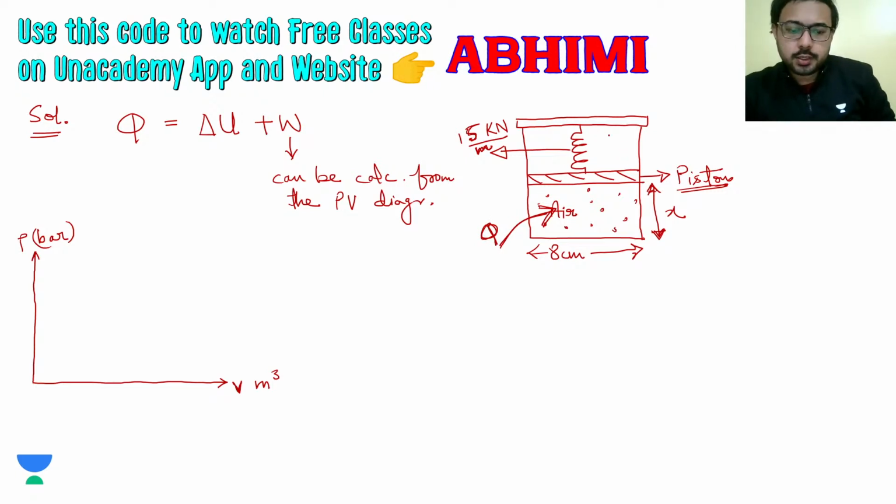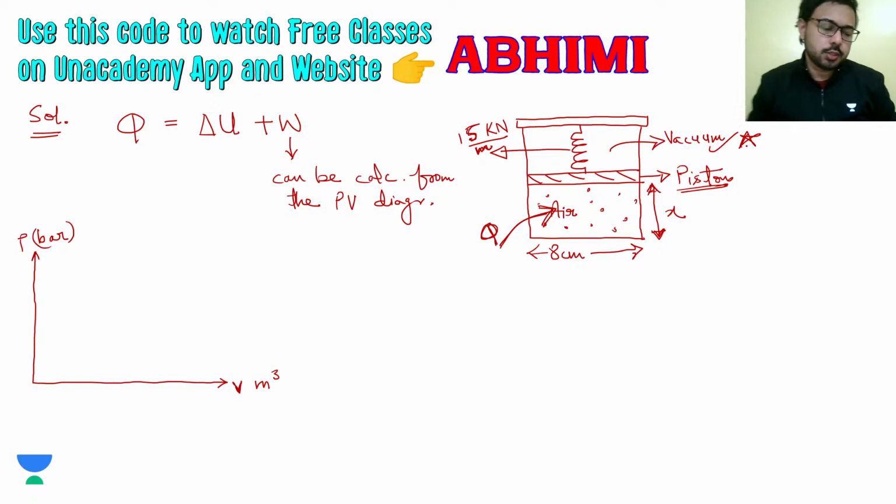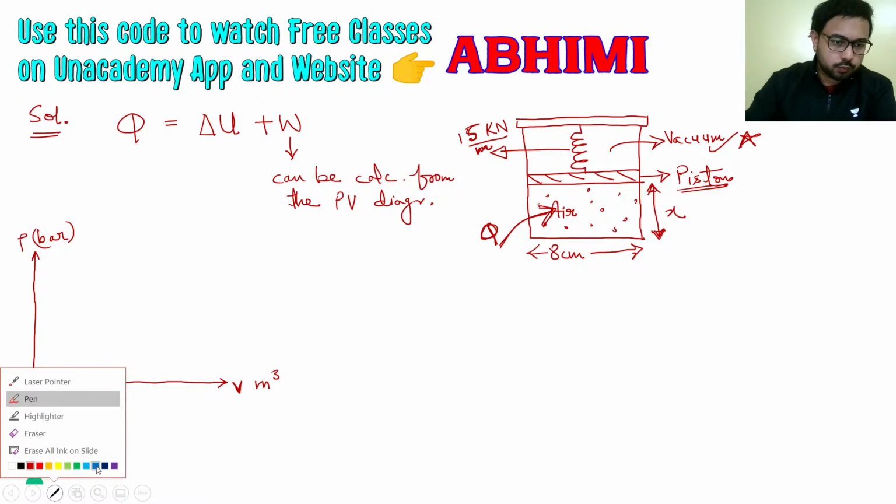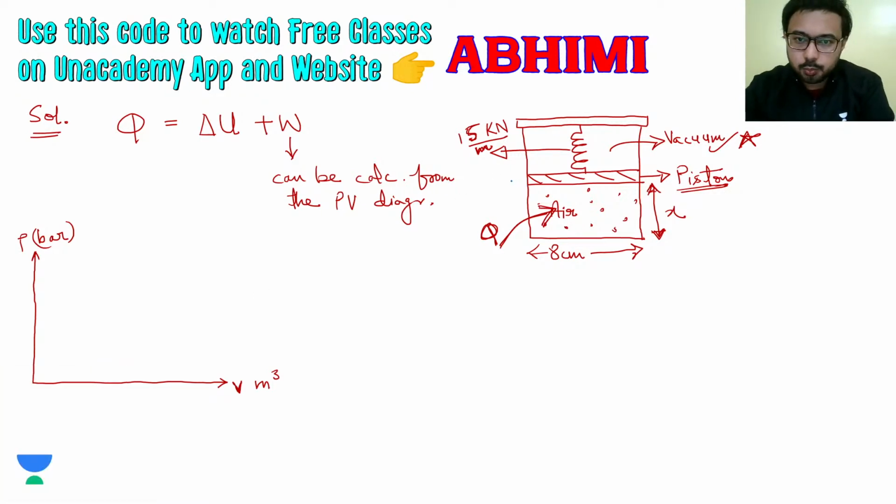So that is what is given in the question, and the most important thing is that this area is vacuum. It is very important, because if it was atmospheric pressure, then you would have to do this question some other way. Initially your system will be at this point, so this is 1, and finally it will be at 2.